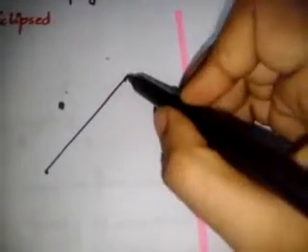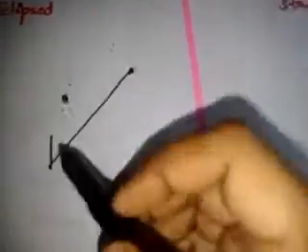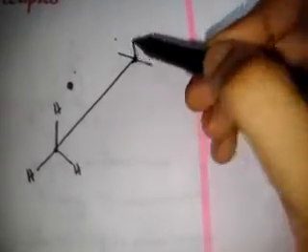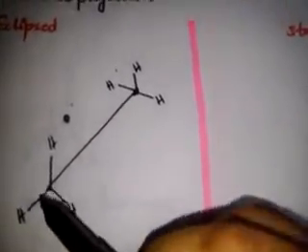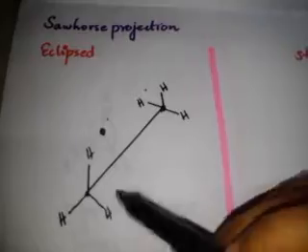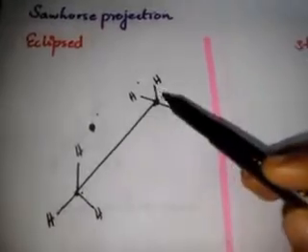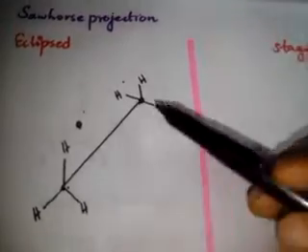Now we draw 3 lines at 120 degrees. These are the hydrogen atoms attached to the front carbon, and here also 3 hydrogen atoms, 120 degrees to each other. This is the Sawhorse projection of eclipsed conformation: the single sigma bond, the front carbon, the rear carbon, and the hydrogen atoms at 120 degrees attached to the carbon atoms.